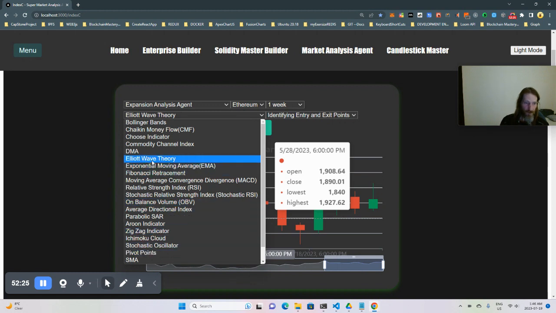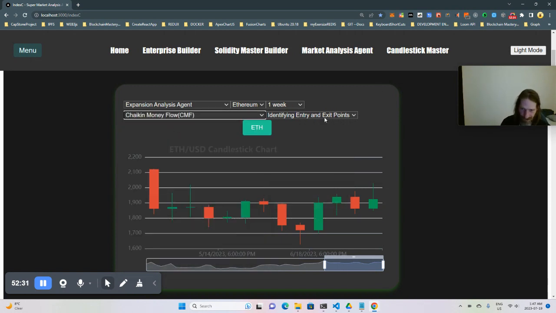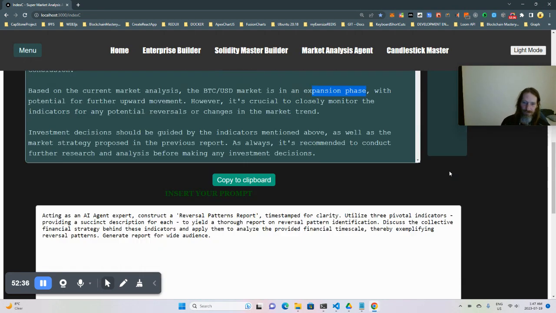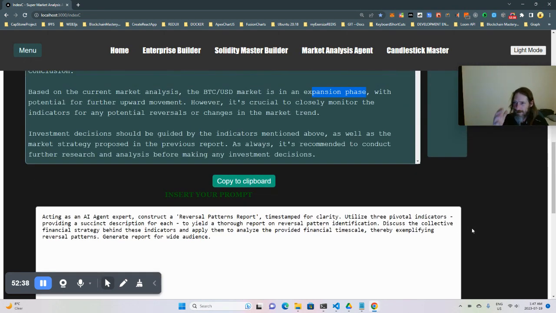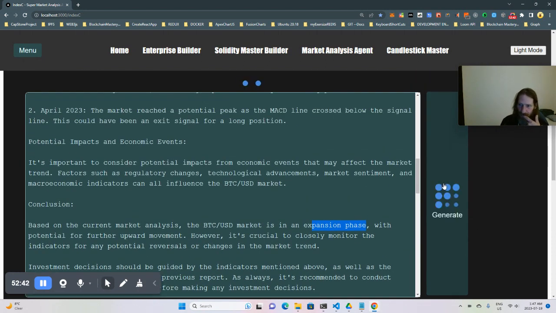What would be good for a top? Money flow and reversal patterns. And you can kind of play around. This is what's fun. You kind of build and build and build.